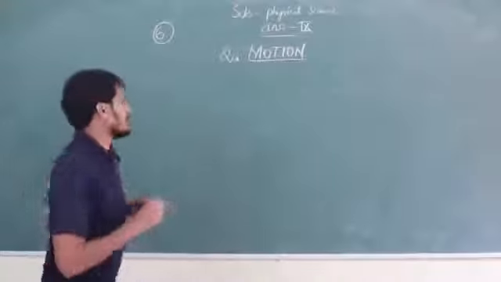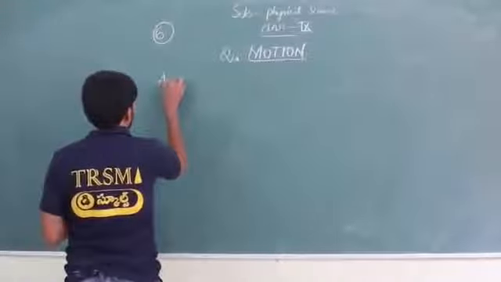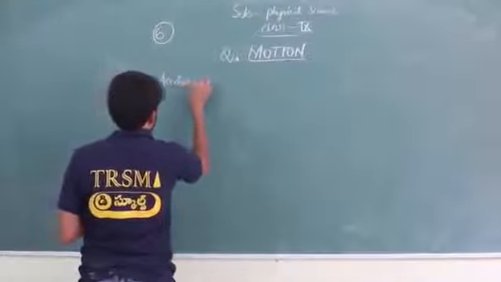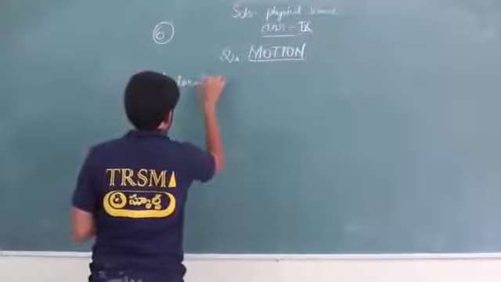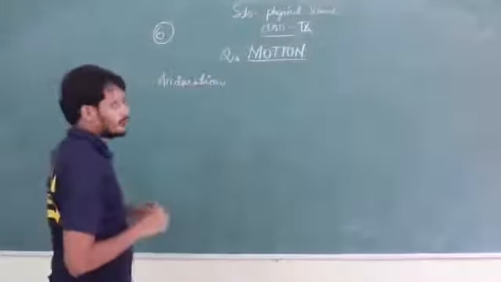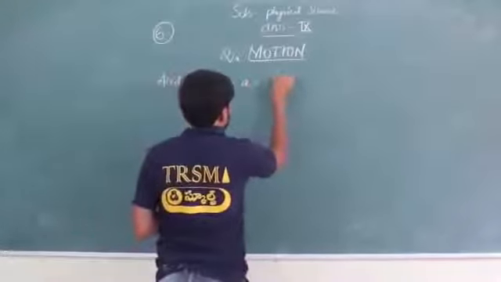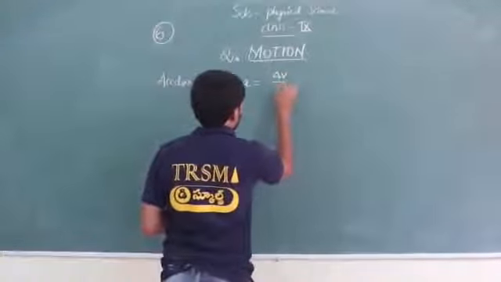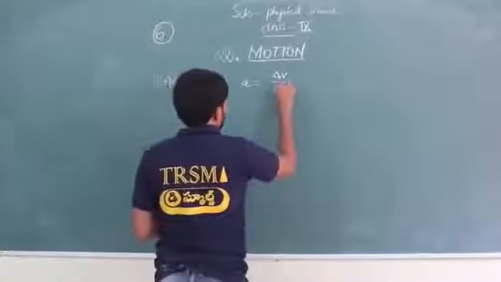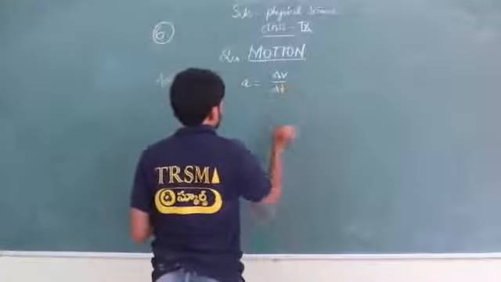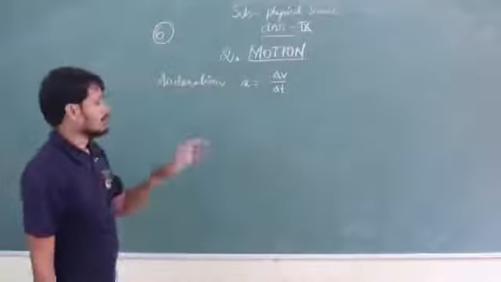Let's see what they are. The first thing, let's take acceleration. Acceleration a equals del v by del t. Call this equation number 1. Clear?